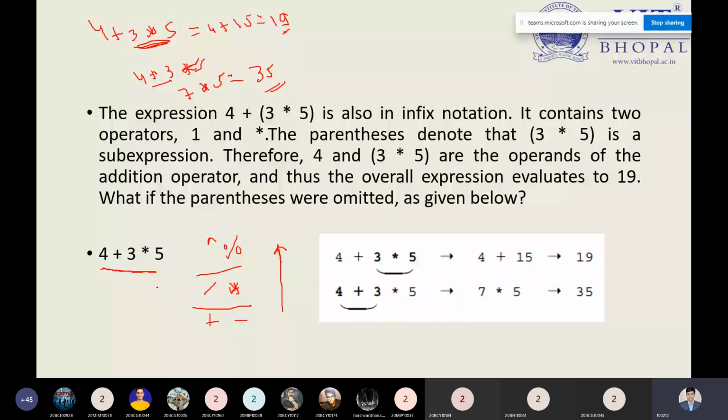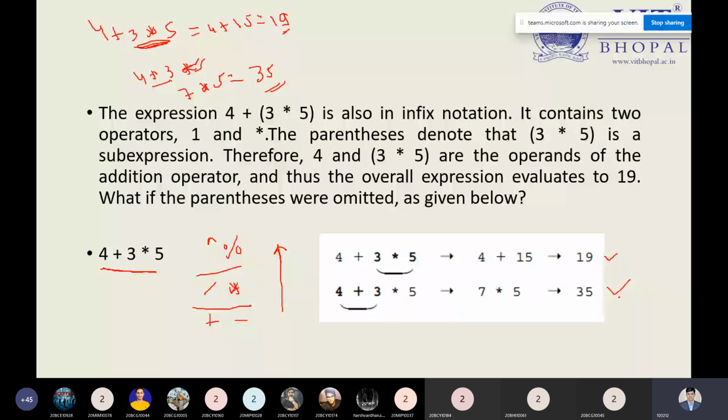Now a student may ask, sir, suppose we have division and multiplication at the same level, then what should we do? You can choose any one, and the answer will be correct, undoubtedly. Whatever we have discussed here, you can get two different answers, 19 and 35, so the answer must be correct according to operator precedence.